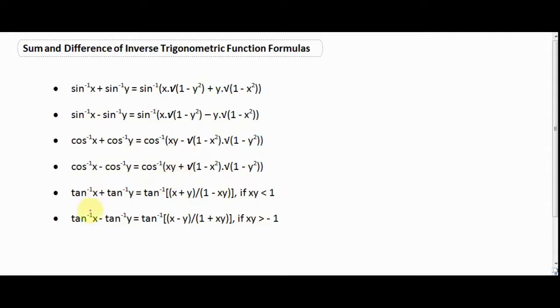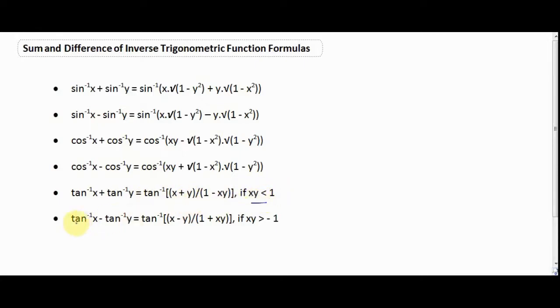Now moving on to tan inverse formulas. Tan inverse of x plus tan inverse of y is equal to tan inverse of x plus y divided by 1 minus x into y if x into y is less than 1. This formula is important, but this condition is also important. This formula is valid only when x into y is less than 1.